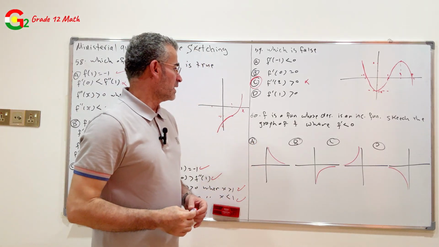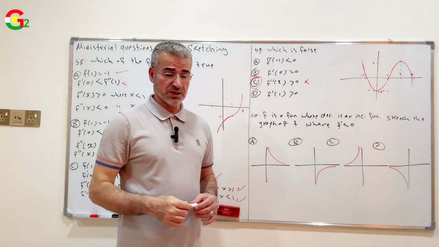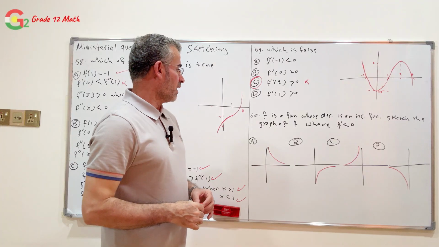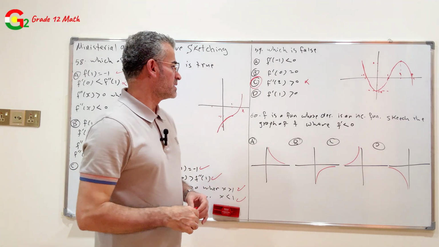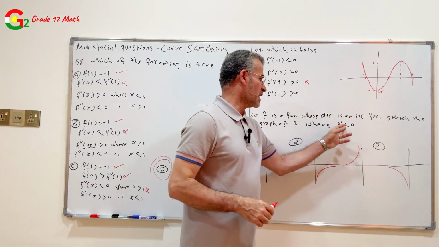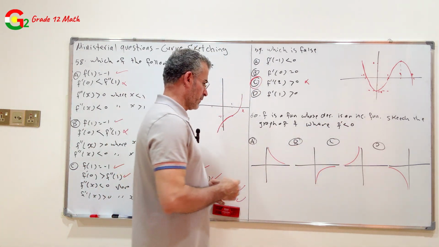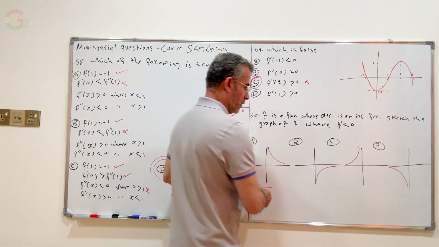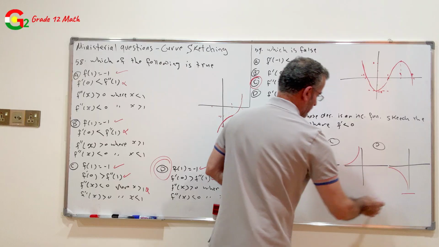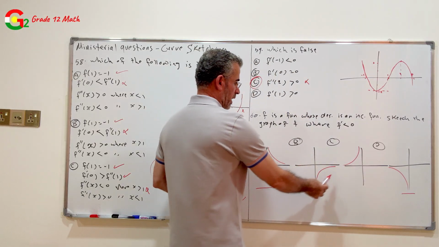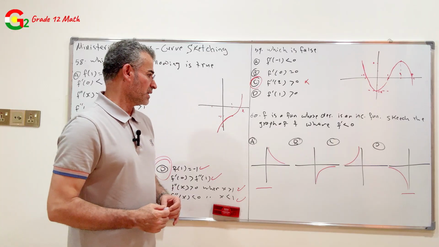Question number 60. F is a function whose derivative is an increasing function. Sketch the graph of f where f prime of x less than 0. F prime of x less than 0 means the function should be decreasing, either A or D, because in B and C the functions are increasing.